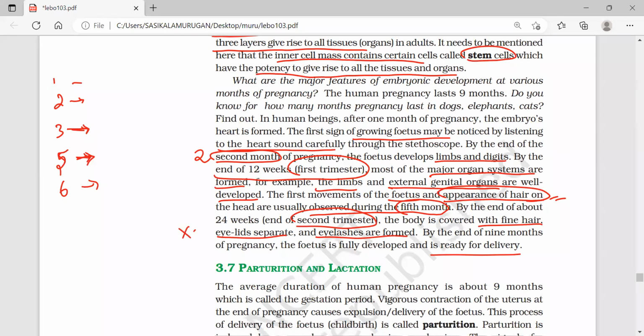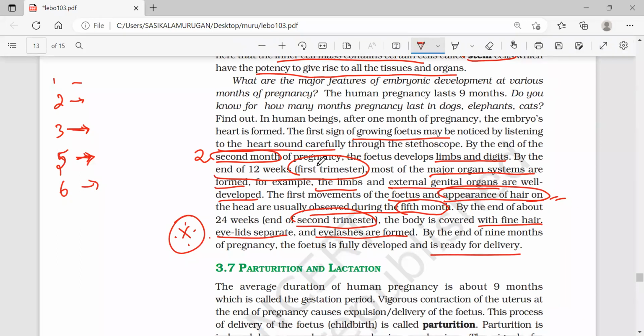So you should know what develops in which month, this is very important. Clear? Yes, sir.